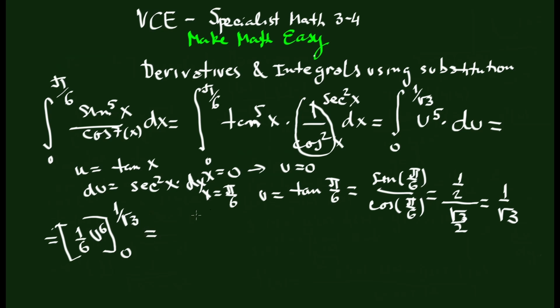And what do we get here? We'll have 1/6 times 1 over square root of 3, to the power of 2, to the power of 6.